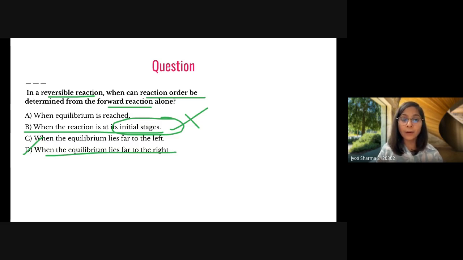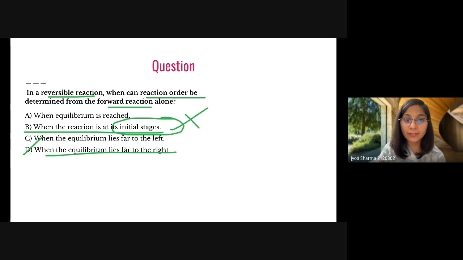Only when your product has accumulated a lot into C and D will it move back to A and B, so it will take time. If your equilibrium is on the right side, it will take time for the reaction to be reversed.